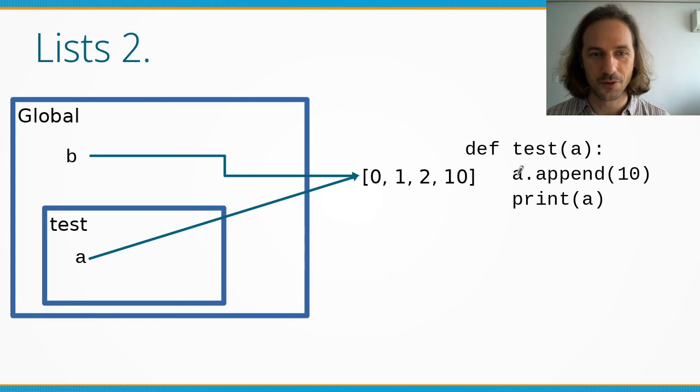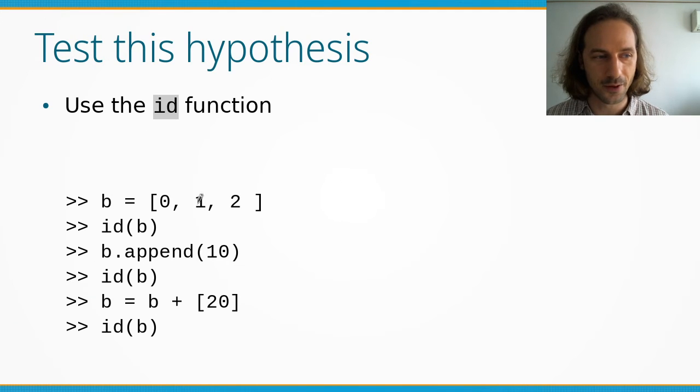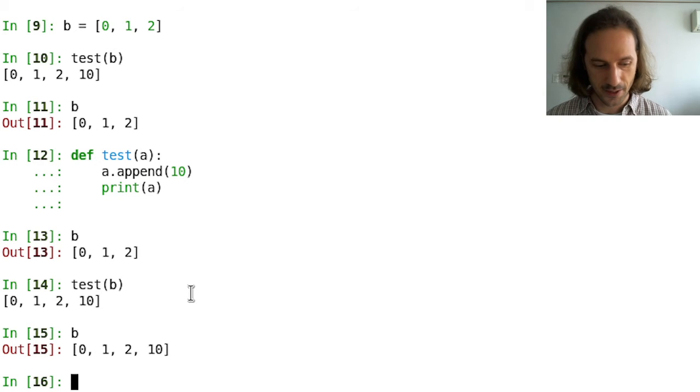We have to be conscious that whenever we use this equal sign, that will change what is in our variable. We can use the id function to help us with this. The id function tells us the identity of the variable.